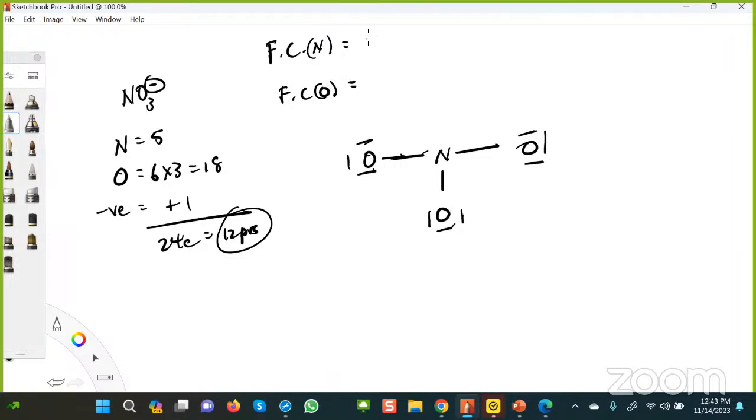What's the group number for nitrogen? 5 minus half the number of bonding electrons. How many bonding electrons for the nitrogen? Remember, each line represents a pair of electrons.